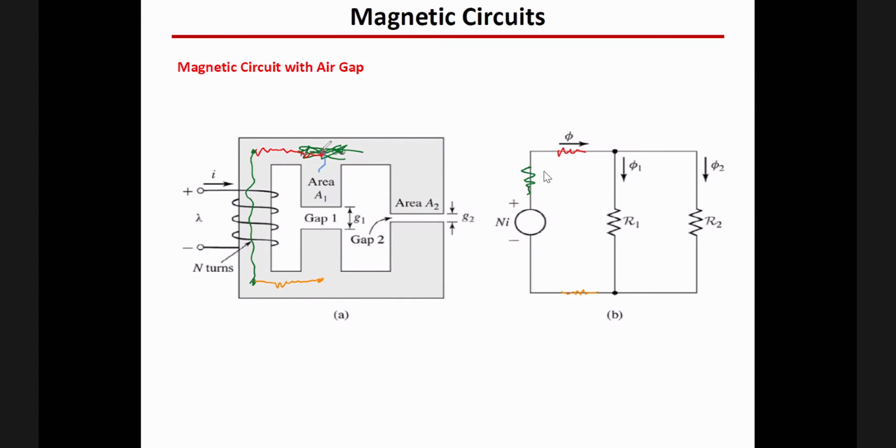And this is one reluctance, which is connected here. One reluctance connected here. And then we have one here. One here. And etc.